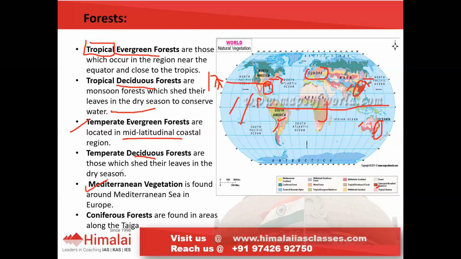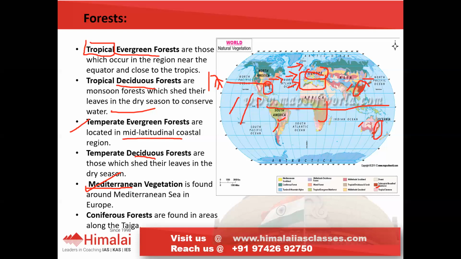Next, coming to the Mediterranean vegetation. The name itself says that this type of vegetation is dominant around the Mediterranean Sea. Here it faces hot summers and wet winters. That is the characteristic of this region: hot summer and wet winter. It is popularly known for cultivation of citrus fruits.